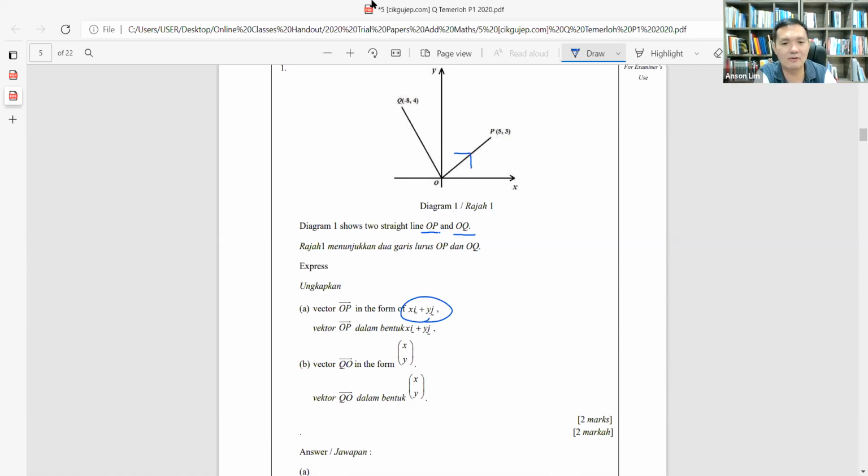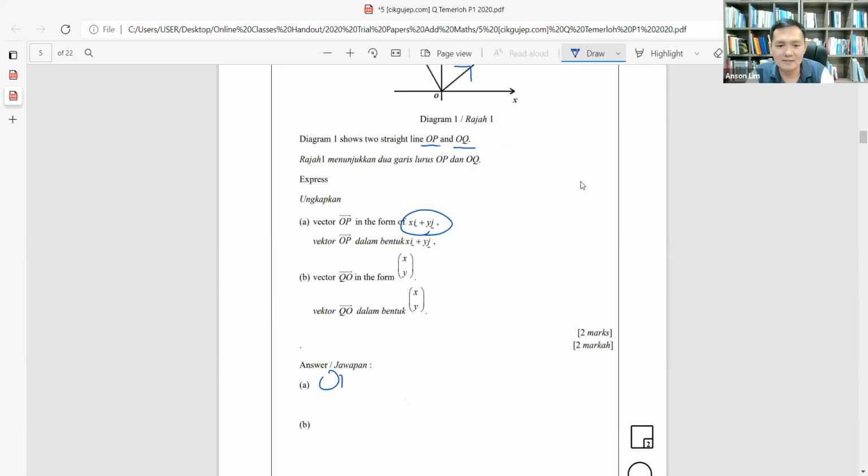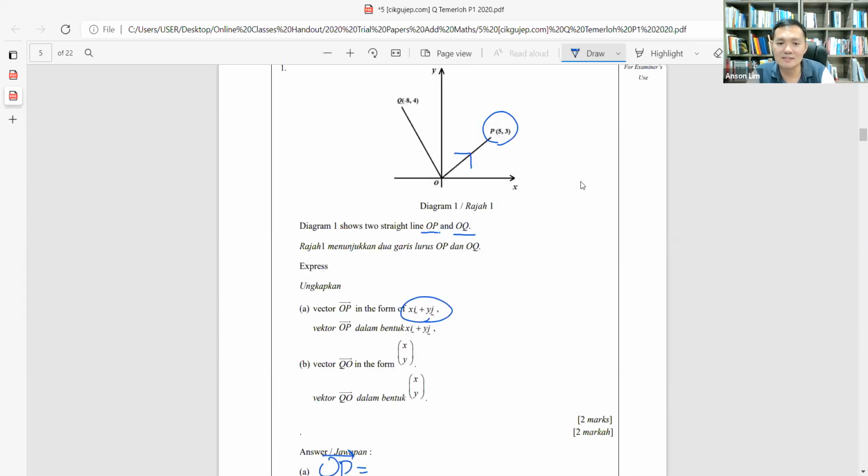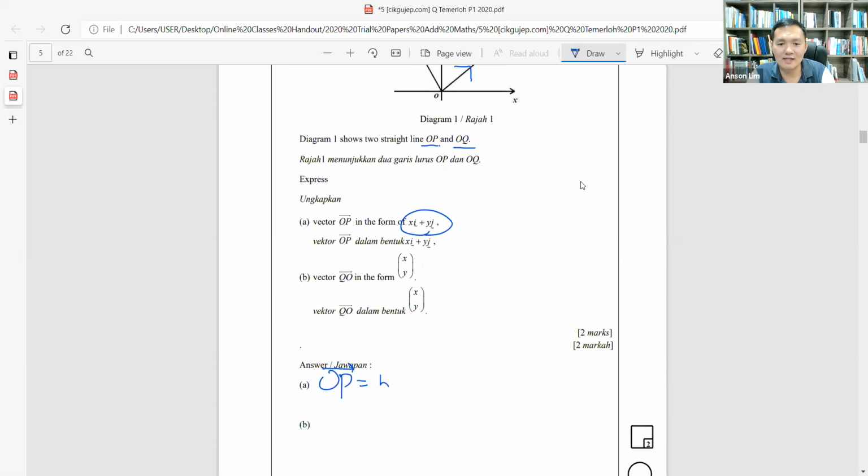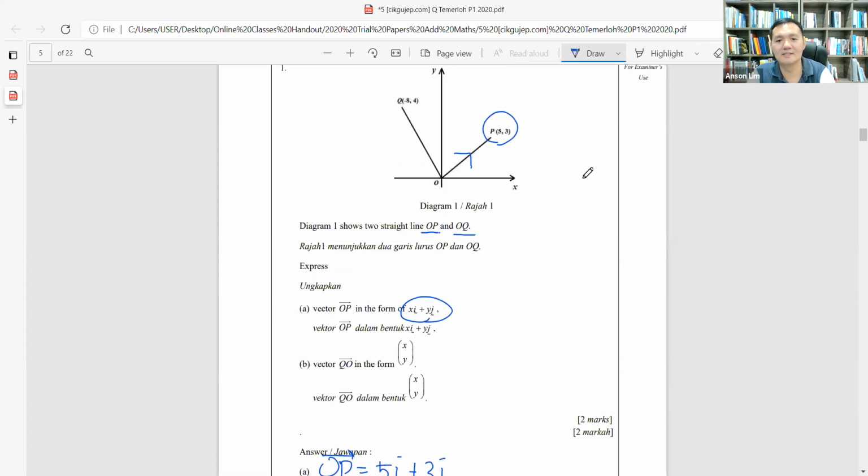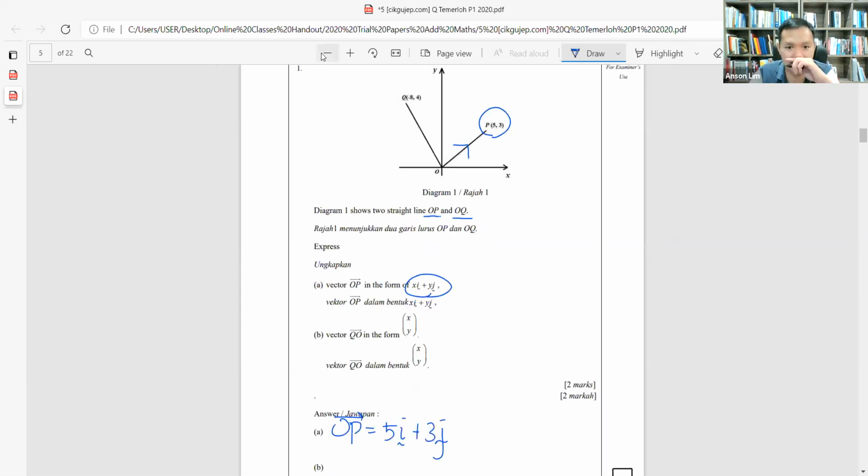It's very straightforward because I told you last week about vectors and they give you the point. P is (5, 3). So OP vector, if they give you coordinate (5, 3), then straight away 5i plus 3j.